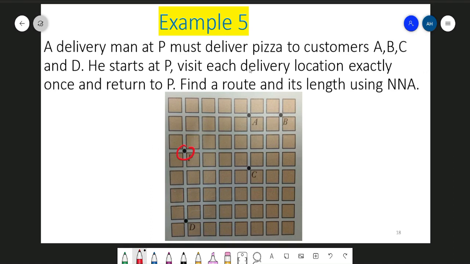Okay, he must deliver pizza to all these customers. He starts at point P. All right, maybe that's the pizza shop there. Visit each delivery location exactly once and then return to P. Okay, find a route and its length using nearest neighbor algorithm.